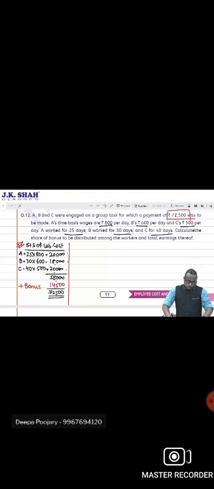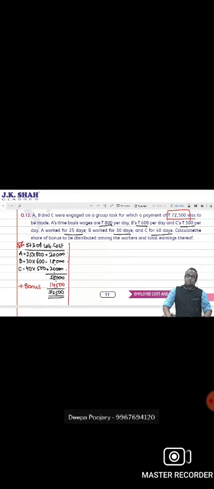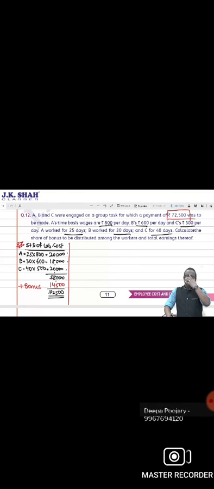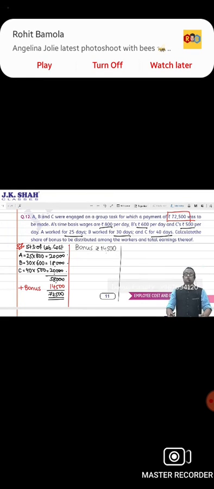The team was supposed to get 58,000 as wages, but the team has got 72,500. That means the balance 14,500 must have been paid to them by way of bonus, no? But then we'll have to split that bonus. If I want to split that bonus of 14,500, what should I do?